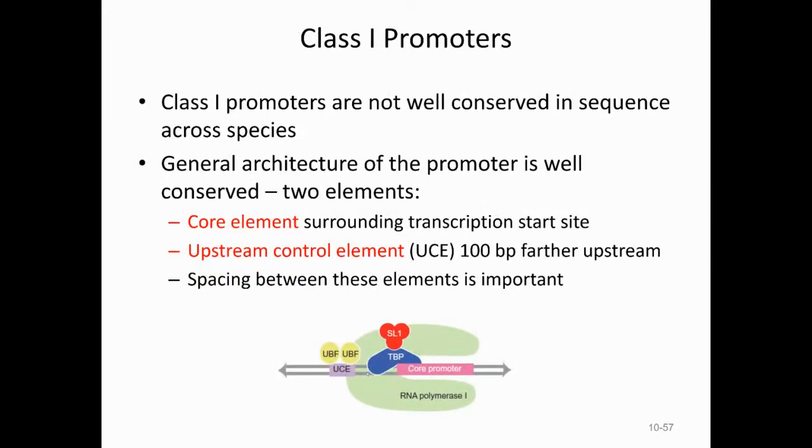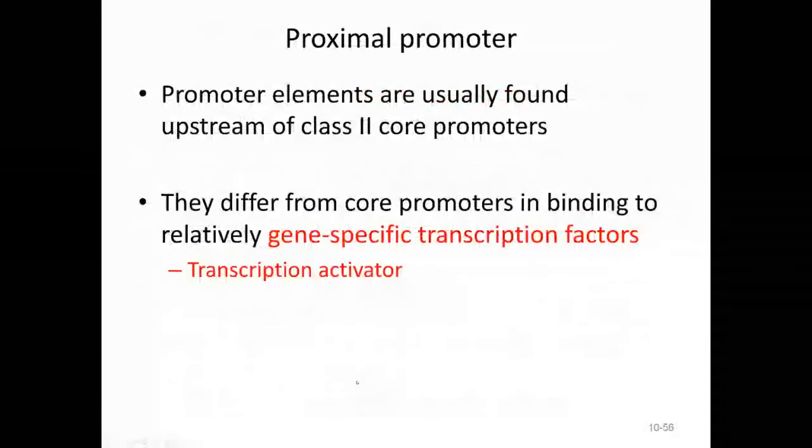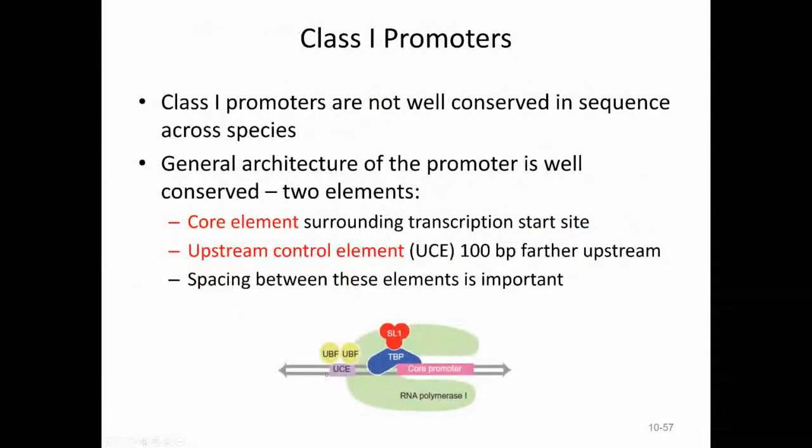And then the class 1 promoter. A class 1 promoter is not well conserved in sequence from one species to another. They all have a similar general architecture of the promoter, because they have a core element surrounding the transcription start site, and also an upstream promoter element, which is the upstream control element.